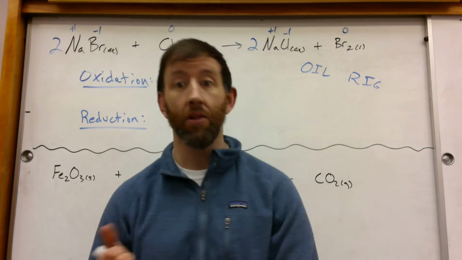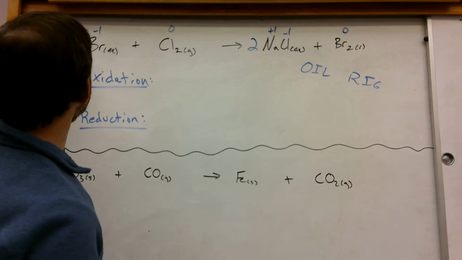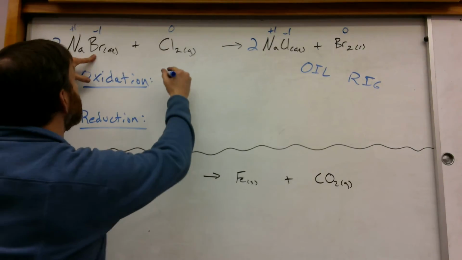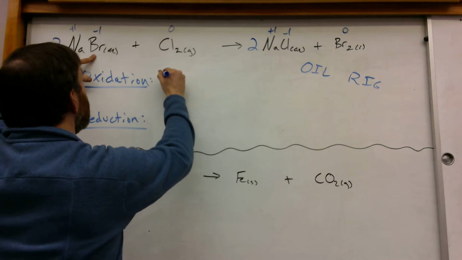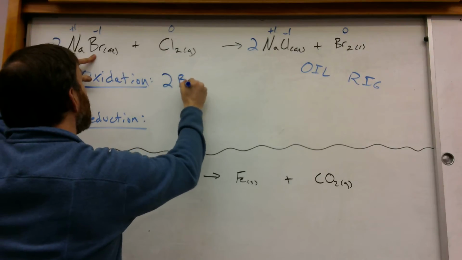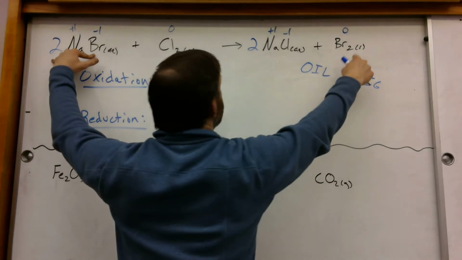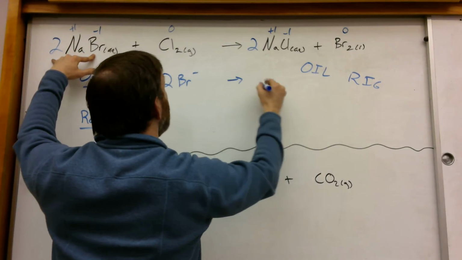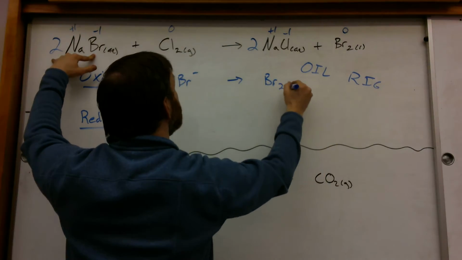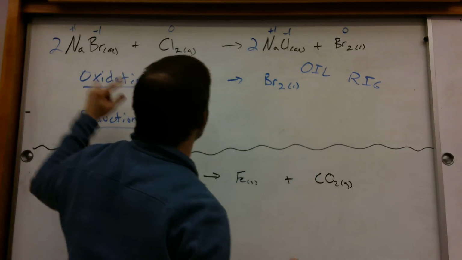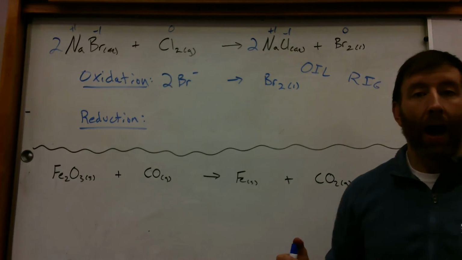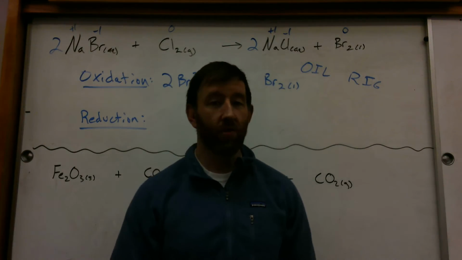All right, so the way that looks is I have two bromines on the left side, so 2 Br minus. Okay, now on the right side of my arrow, we'll write Br2 liquid. Okay, now what has to happen for that to occur?